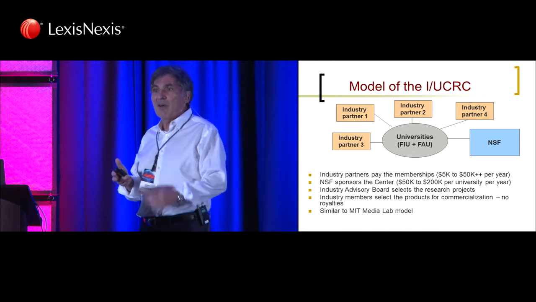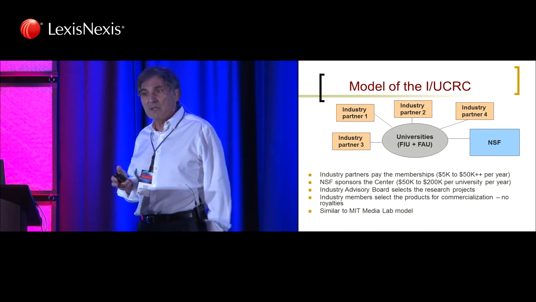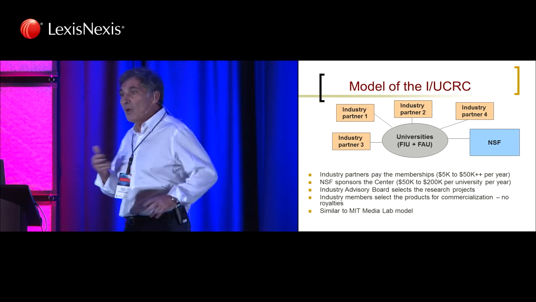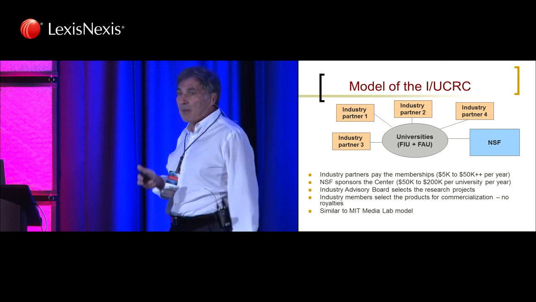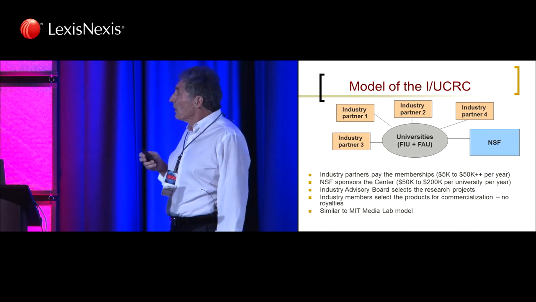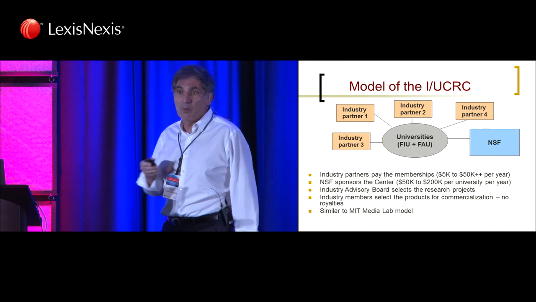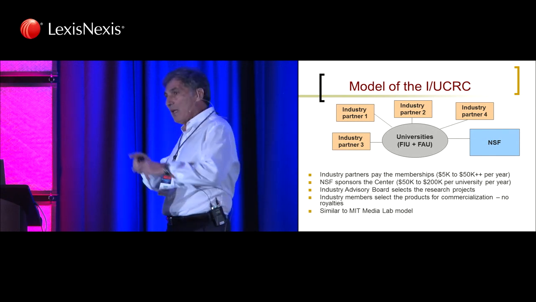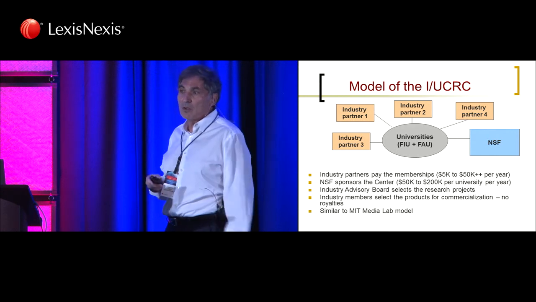Companies provide membership. This membership is not because we have nice blue eyes or we are good athletes. No, this membership is for real, applied projects. The members of the center propose projects at the meetings, and then we vote, not we, the companies vote, and then we work on the projects.